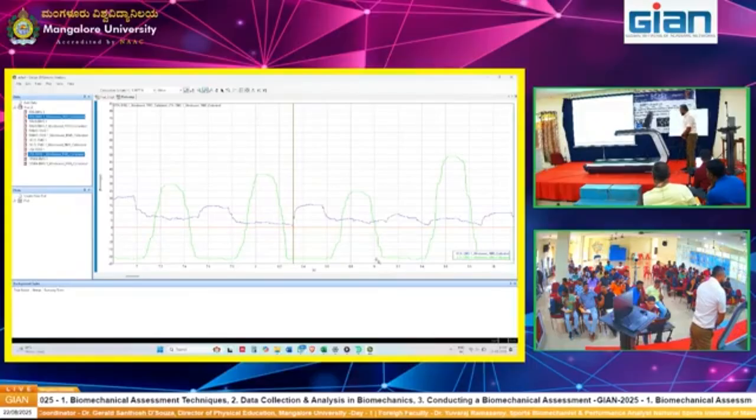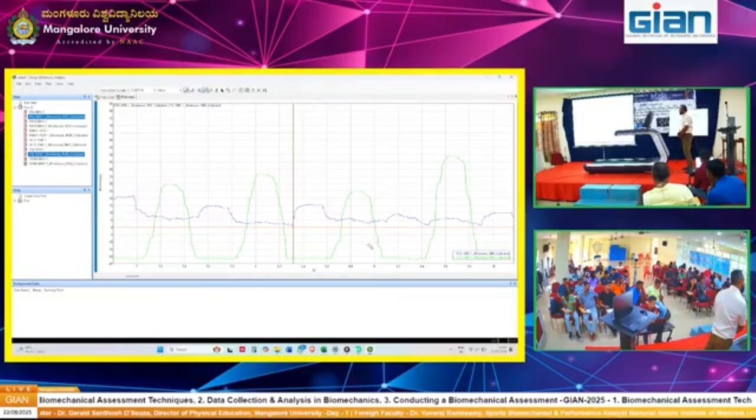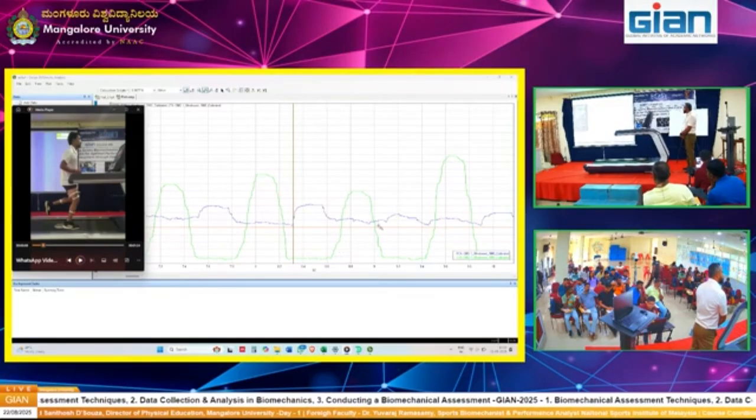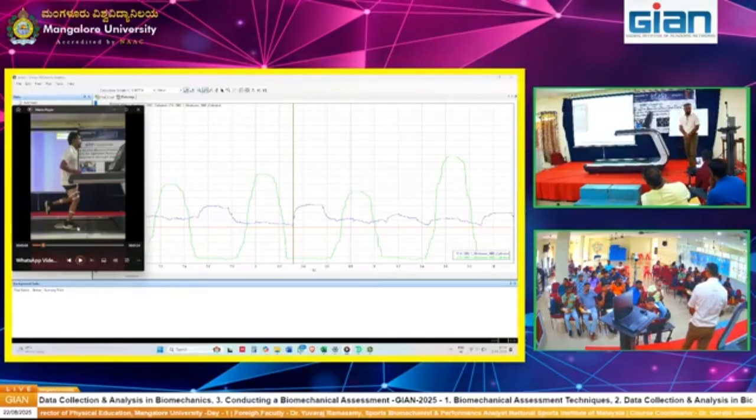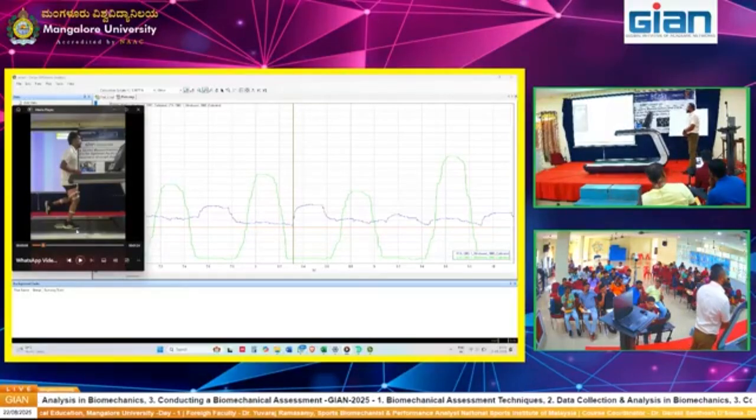You can see during the 9 second, that is the right leg, right? That's the right leg. Is he walking or running? He's running. I think it's the support phase where he's landing on the right leg.